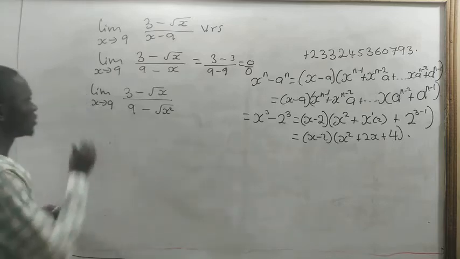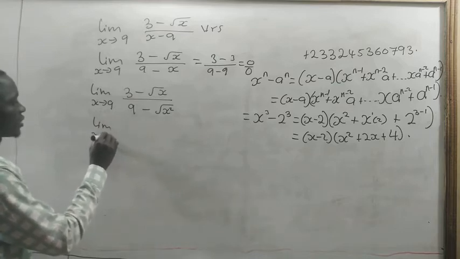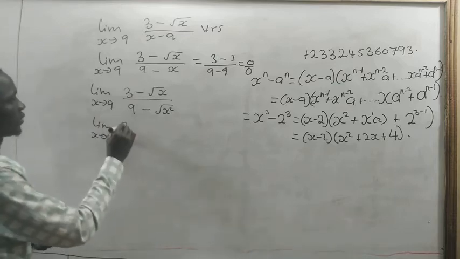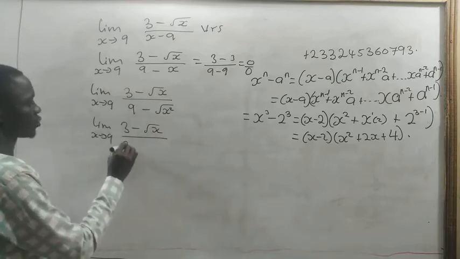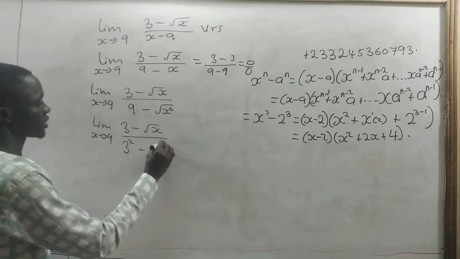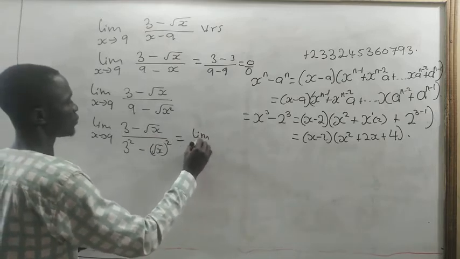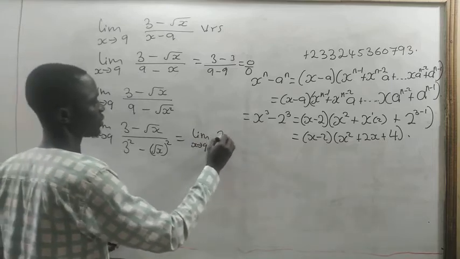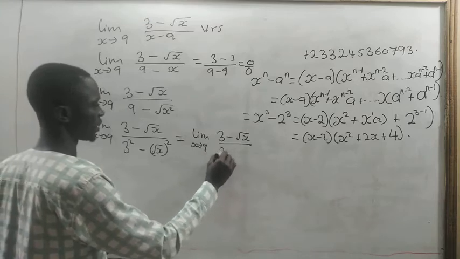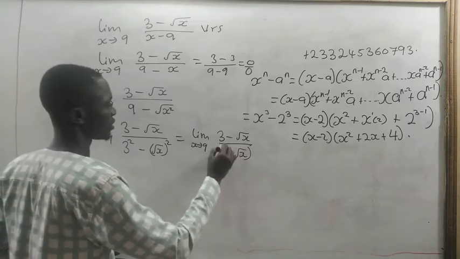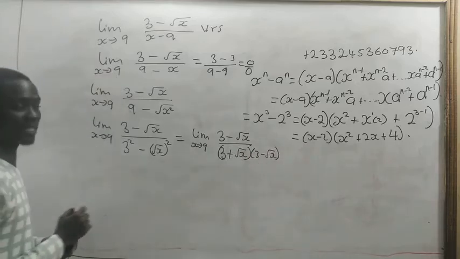So here you have the limit as x approaches 9 of 3 minus square root of x divided by 9, which is 3 squared, minus square root of x squared. This is the same as the limit as x approaches 9 of 3 minus square root of x divided by 3 plus square root of x times 3 minus square root of x. That is difference of two squares.